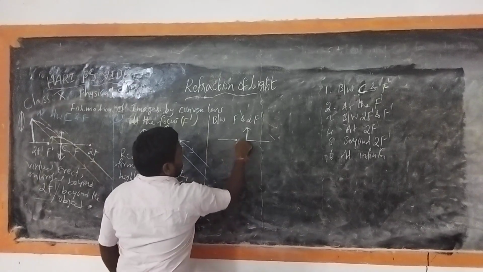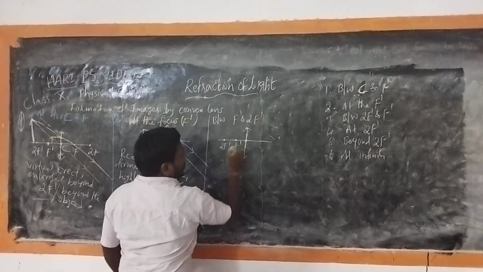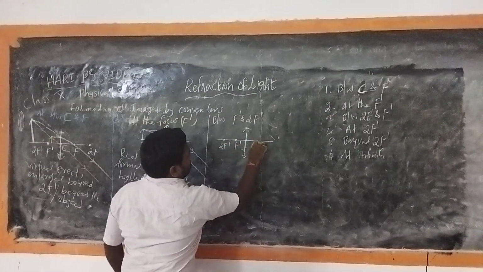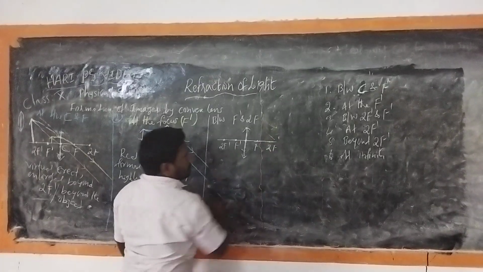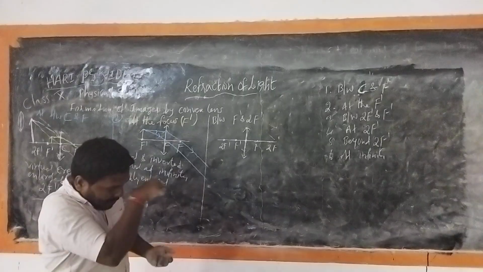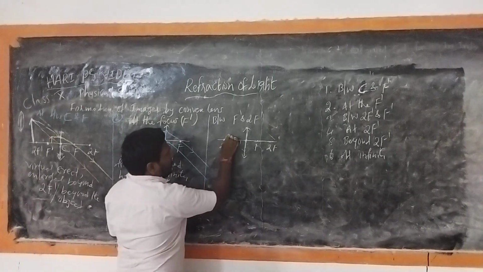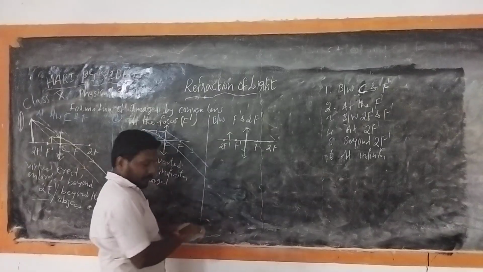So it is F dash and 2F dash, optic center. So here F, here 2F. The object is between F and 2F.